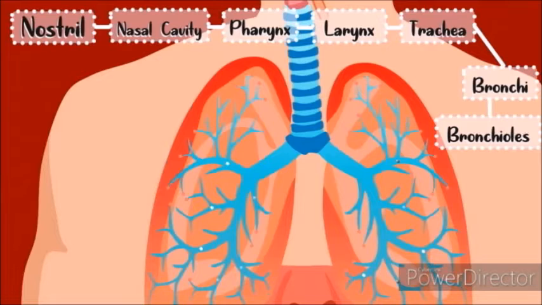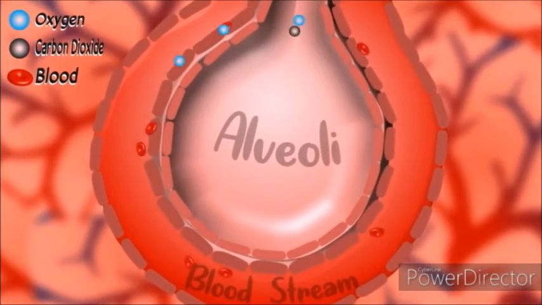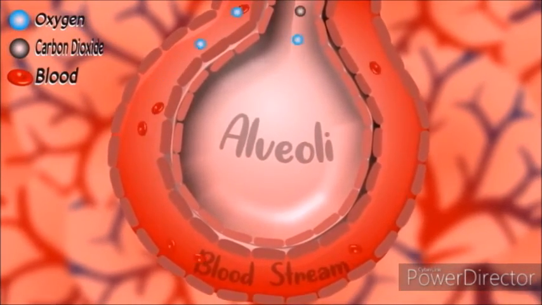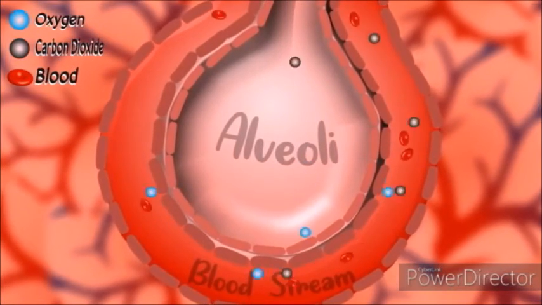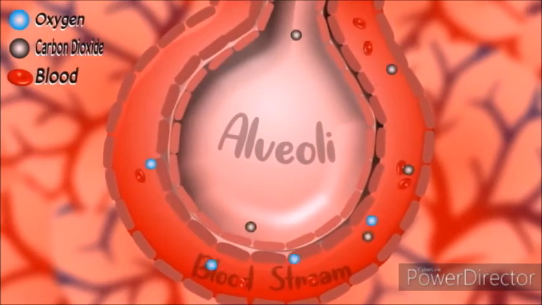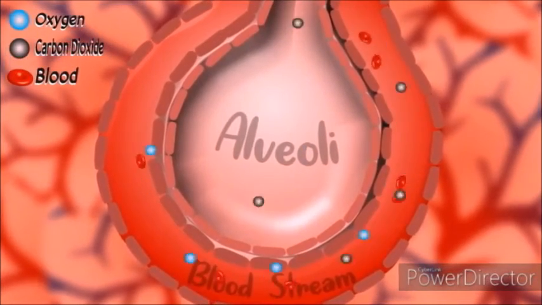Here, the oxygen and carbon dioxide are exchanged. The oxygen is transported by the bloodstream through small capillaries, while carbon dioxide from the blood gets inside the alveoli, and then we breathe out or exhale.